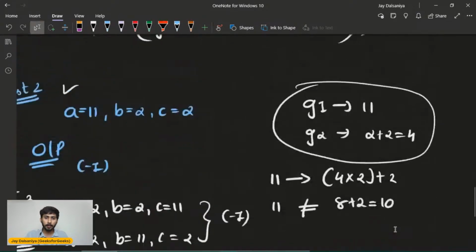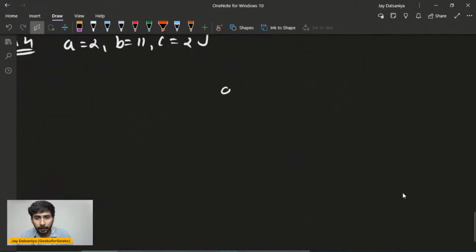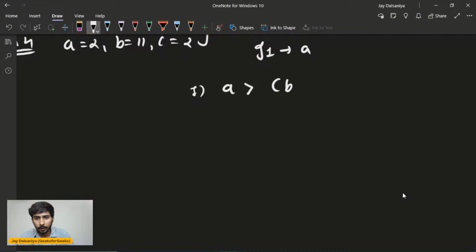Here we aren't sure which character will be in G1 or G2, right? So what we'll be doing is checking 3 different conditions. One condition is that if G1 contains A, we check if A is greater than B plus C, which gives us G2 into 2 plus 2.